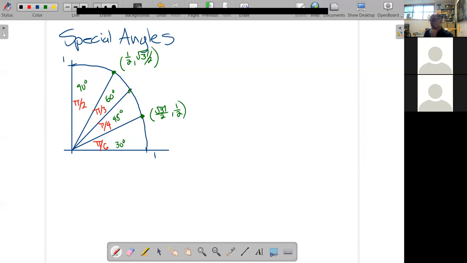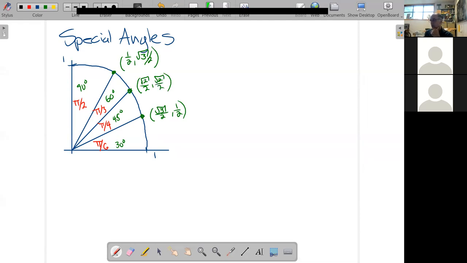Now this point right here, 45 degrees, that happens to be the line y equals x. So whatever the x value is, the y value has to be also. And I'll calculate that in a minute, but I'm just going to give it right now. That's the square root of 2 over 2. There's one version of that number.